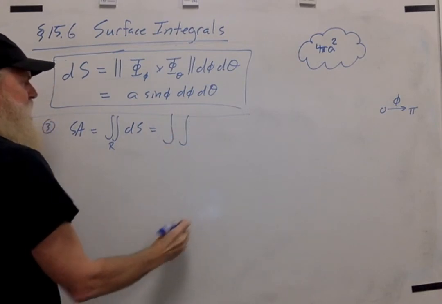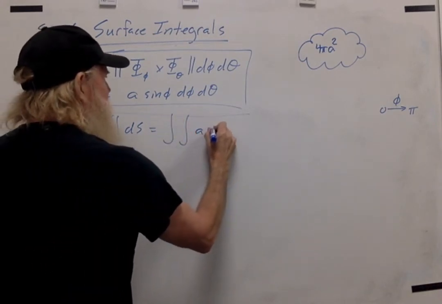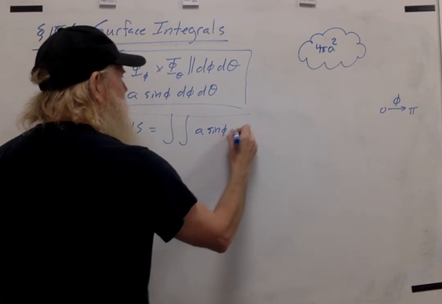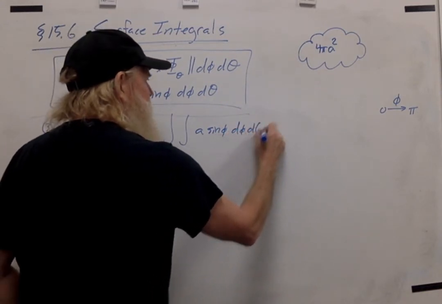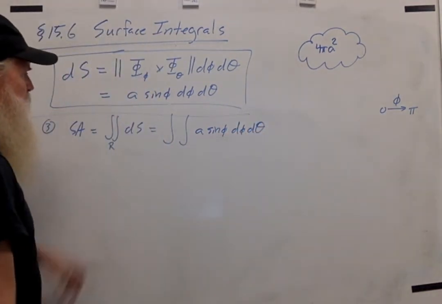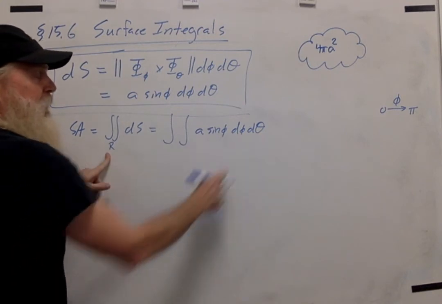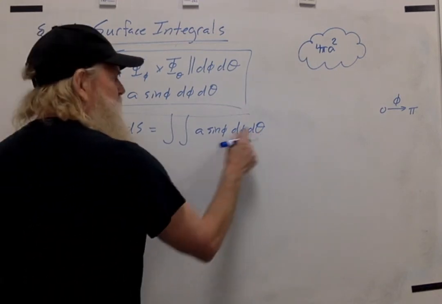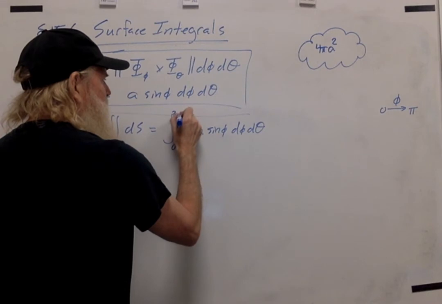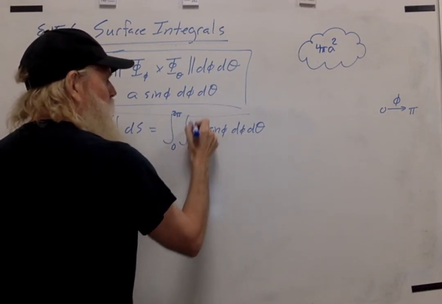And in this case, ds is a sine phi d phi d theta. And the region r in the theta phi plane was theta went from 0 to 2 pi, and phi went from 0 to pi.